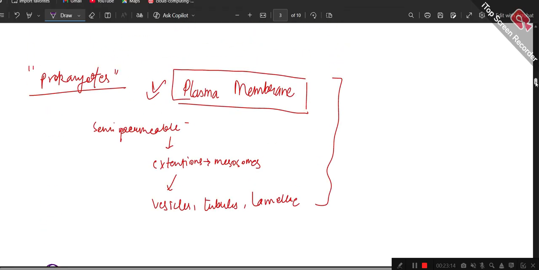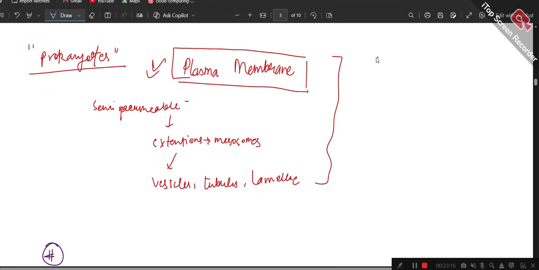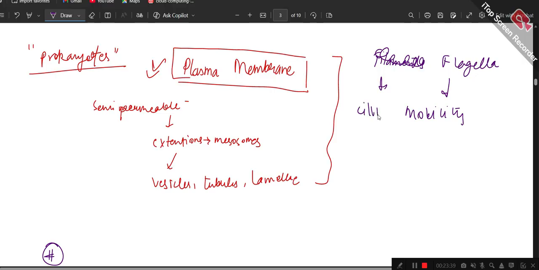You can have a basic idea about your flagella. Sorry, not filament, my bad. The flagella is the one which helps the cell gain mobility, and there is also a structure known as cilia.